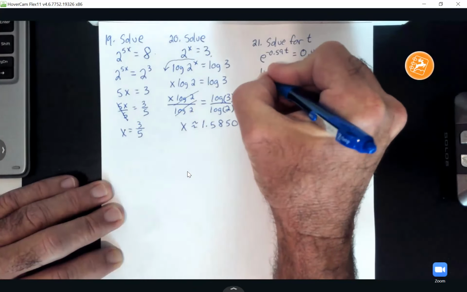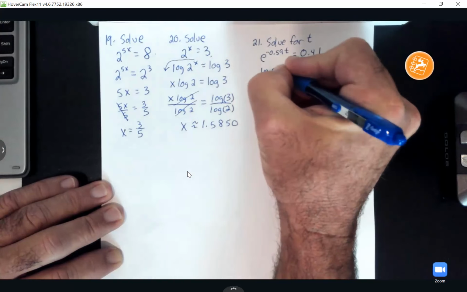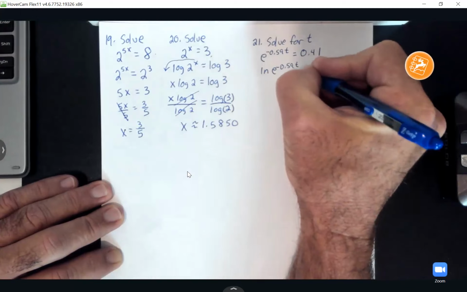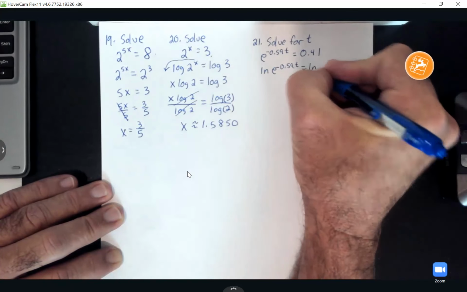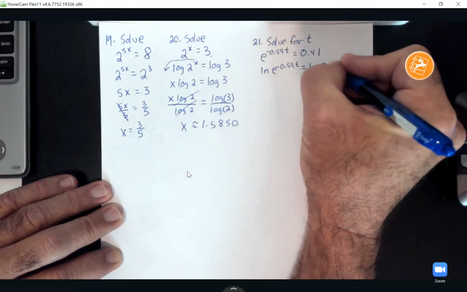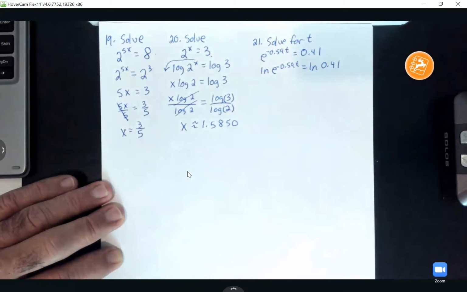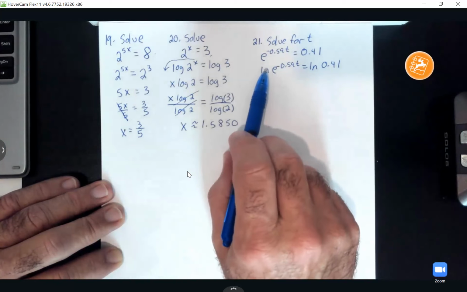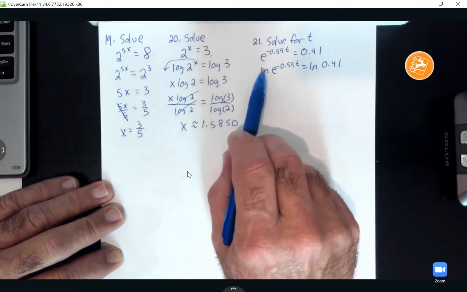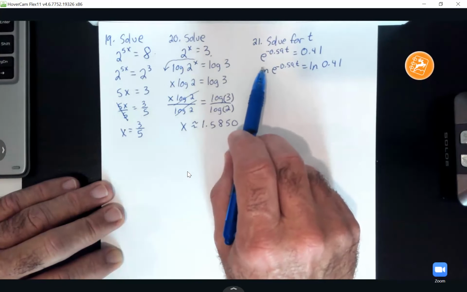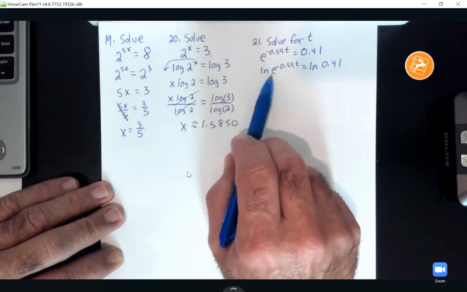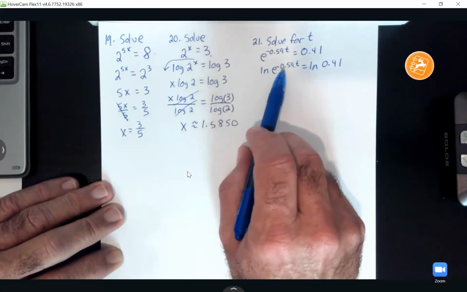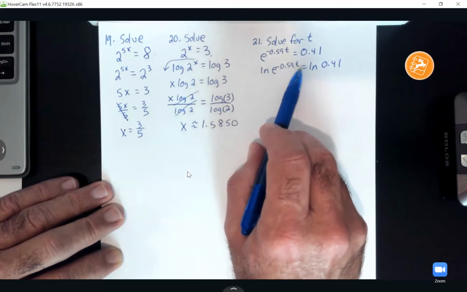So y'all, we got an ln of e to the negative 0.59t. That's going to equal the ln of our 0.41. Now watch this. On the left side, ln is really a log base e. So I got a log base e of e to the negative 0.59t.